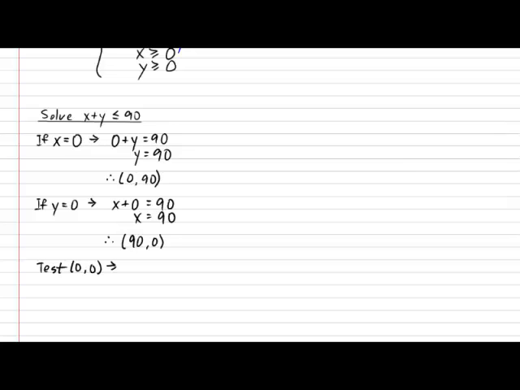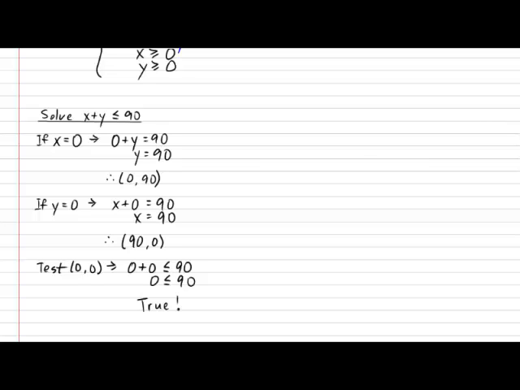Let's see what happens to our inequality. We have 0 plus 0 smaller than or equal to 90, and therefore 0 is smaller than or equal to 90, and that produces a true statement. Therefore, our shaded region for this inequality will be the region that contains 0, 0.